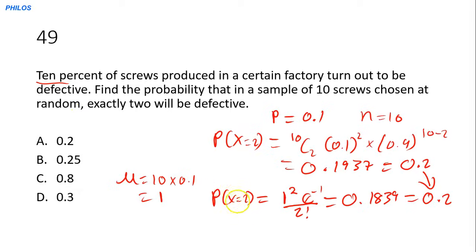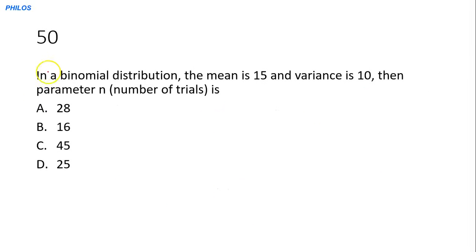So let's take the last question. Question 50. In a binomial distribution, the mean is 15 and variance is 10. Then parameter n, that's number of trials, is. Now to solve this, we know that the mean is n times p. And the question has given us the mean to be 15, so n times p is equal to 15.